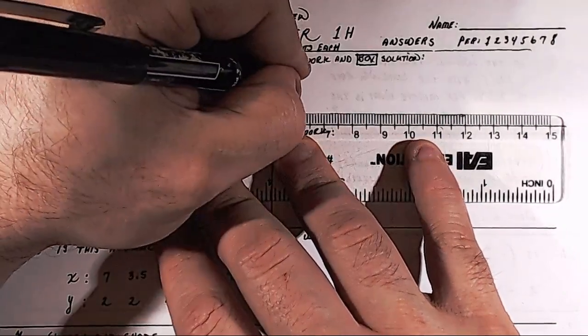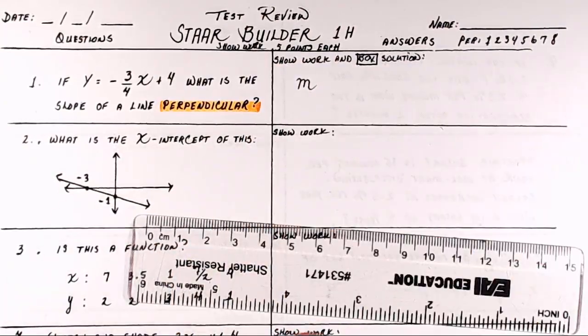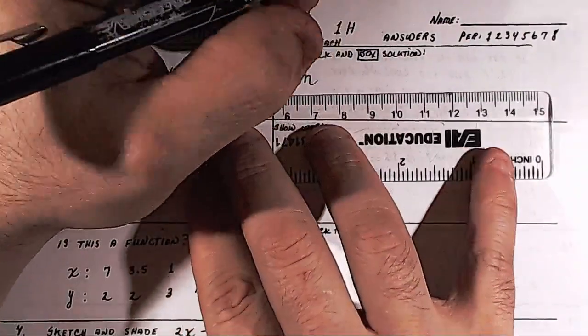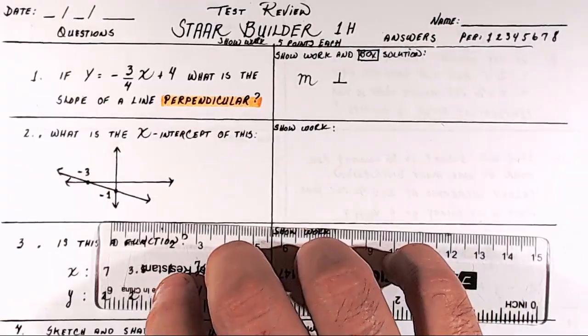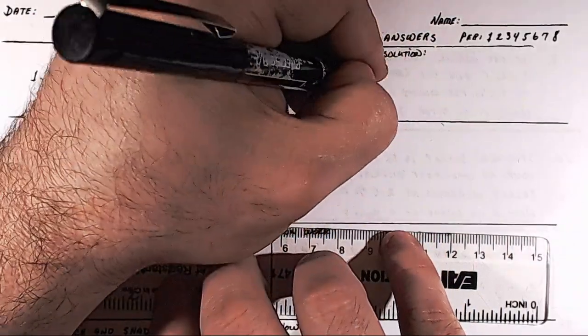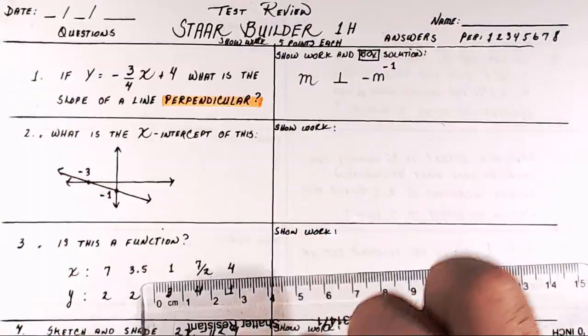If we have a slope, and we call that slope m, the perpendicular slope, the one that's perpendicular to that slope, is negative m raised to the negative 1.